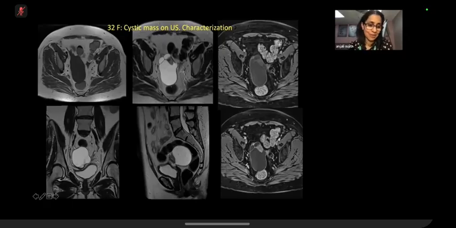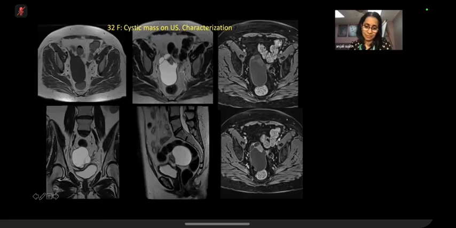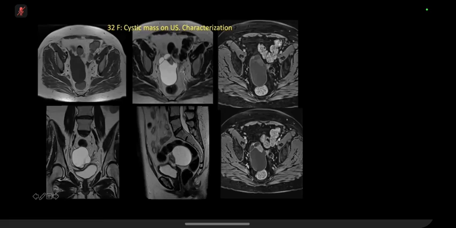Yeah, sorry, go on. Okay, so here it appears to be connected to the broad ligament in the coronal image, and on the sagittal, nothing new. Maybe a little bit of stranding anteriorly, or irregularity related to the anterior margin of the lesion. And there is enhancement of the solid component on the post-contrast image.